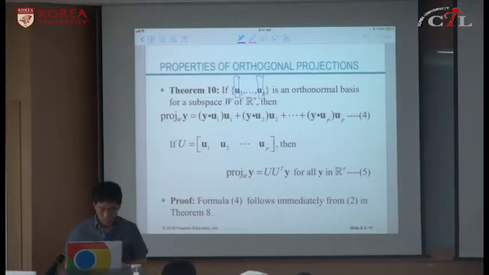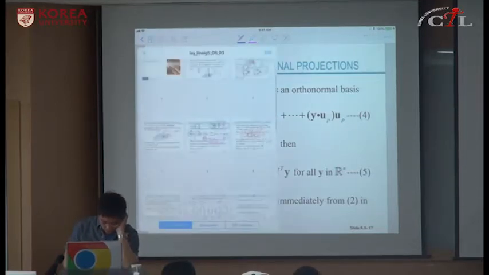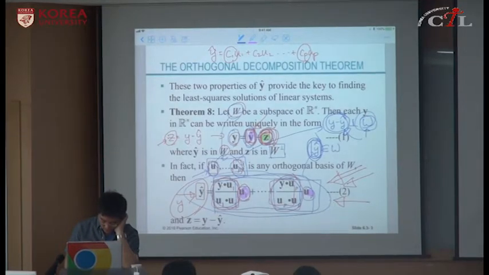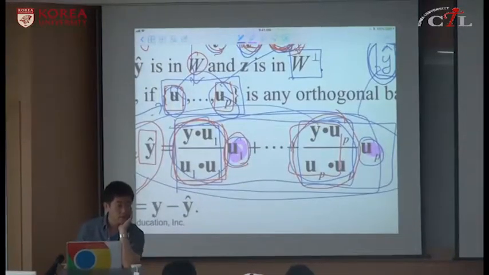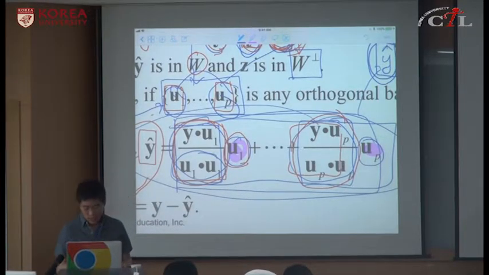Okay, orthogonal projection. Back to the formula that we have here, in case the lengths of u1, u2 through up are all ones, then u1.u1 up to up.up are all ones, because they are just unit vectors, right?